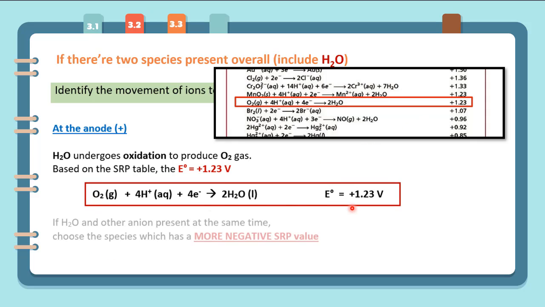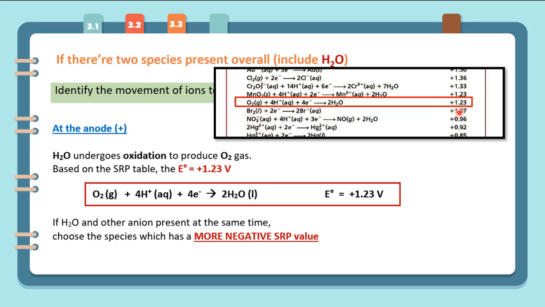So if H2O and another anion are present at the same time, choose the species which has a more negative SRP value. For example, if I compare between water and bromine, in this case bromine has a more negative SRP value, so bromine will be discharged.